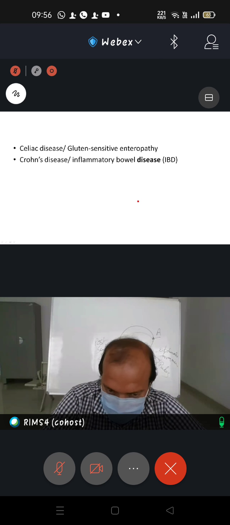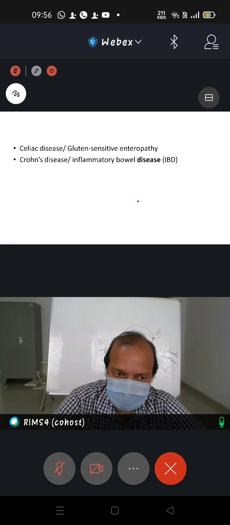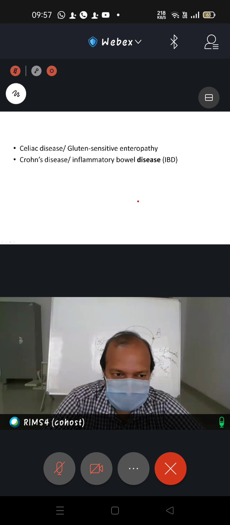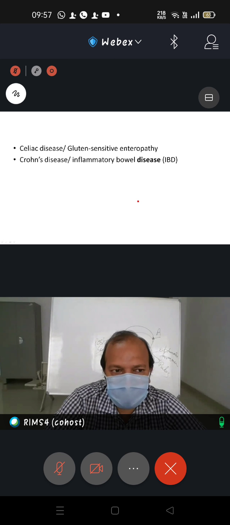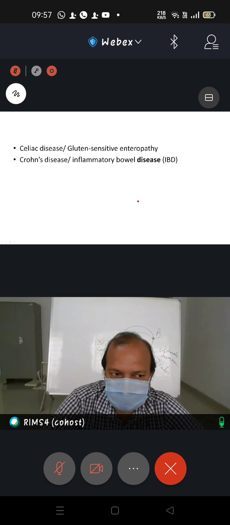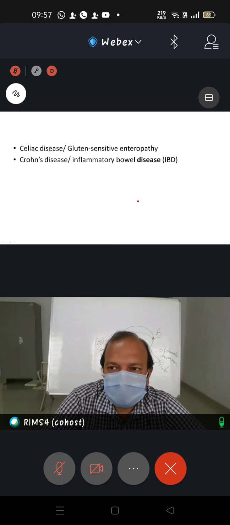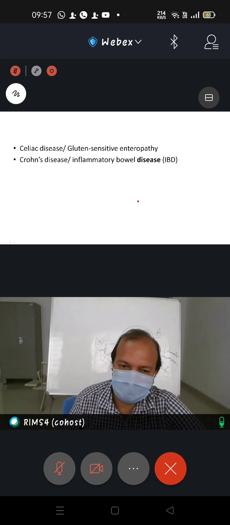The pathology of Crohn's disease is exactly not known. There are multiple etiologies of that. So these are the two clinically related conditions of the lining epithelium of the small intestine, celiac disease and Crohn's disease.